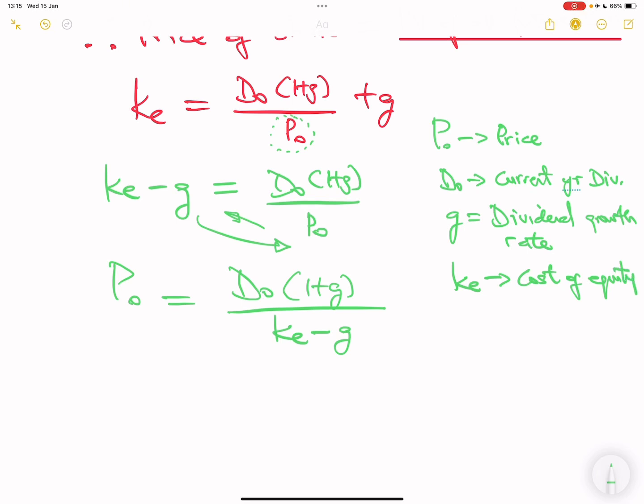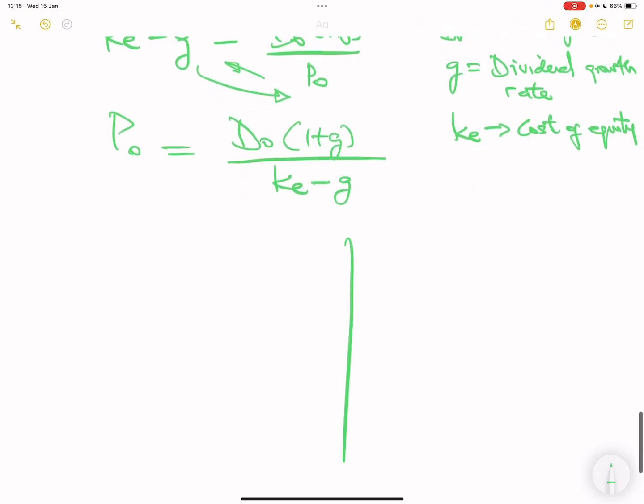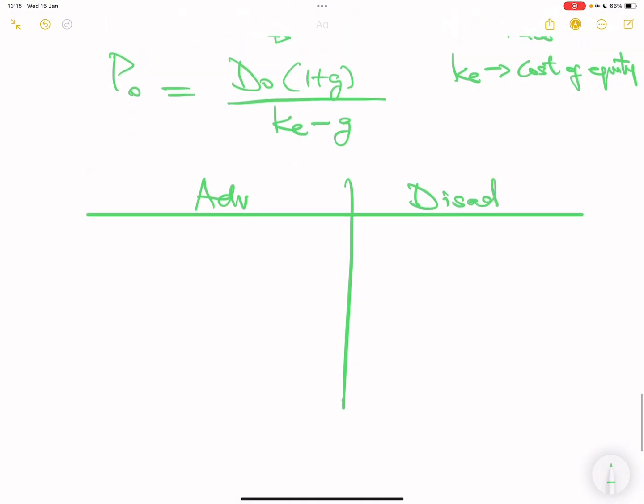And that's it. And in terms of advantages and disadvantages, let's look at that quickly. So I'm going to put advantages here and disadvantages here. The first good thing about this approach is that this approach considers time value of money, which is very good.